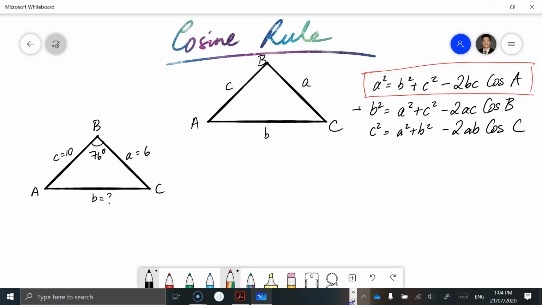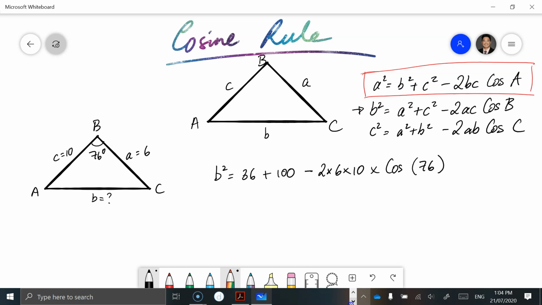I'm going to use this formula to work out what b squared is equal to. a squared is 36, and then c squared is 100, minus 2 times a times c. So a times c is 60. I'll just expand this for your reference: 2 times 6 times 10 times cosine of b, which in this case is 76.